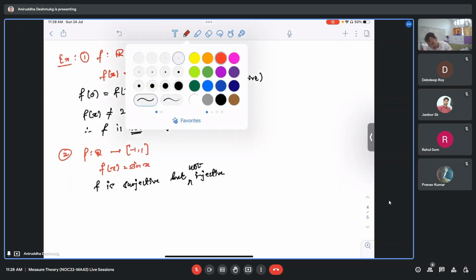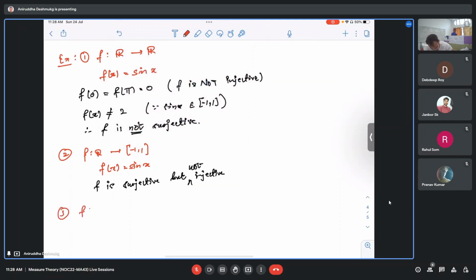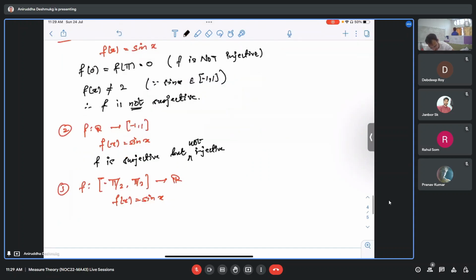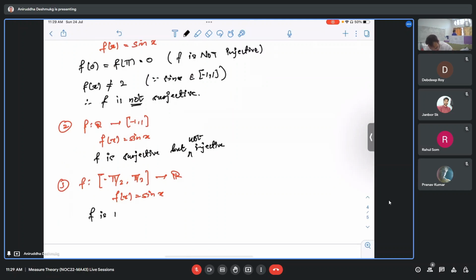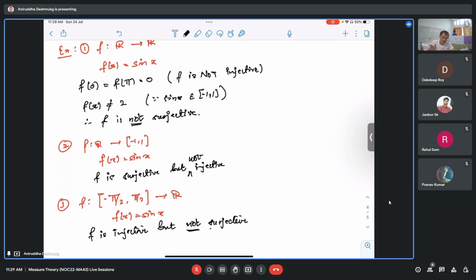And if I change the domain a bit, say if I write it from minus π/2 to π/2 to R, again f(x) is sin x, then this is injective but not surjective. And if I change both, so from [-π/2, π/2] to [-1, 1], that is a bijection.